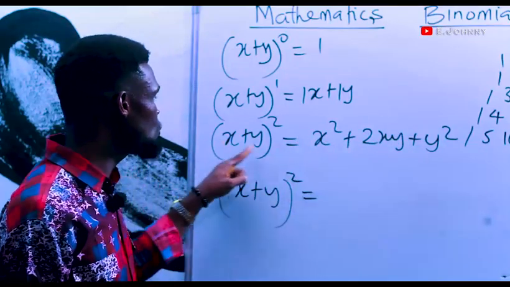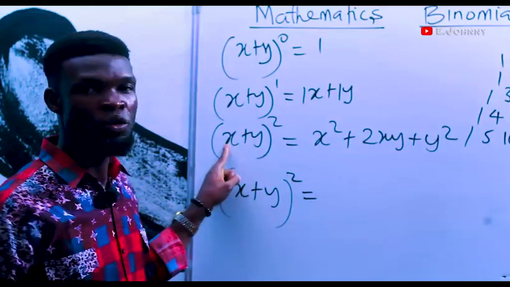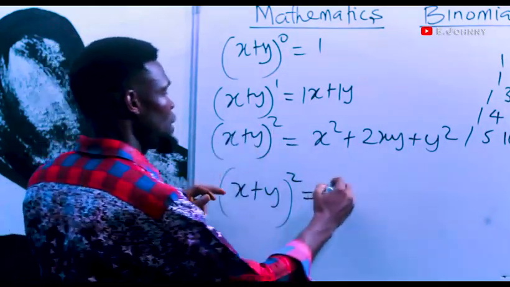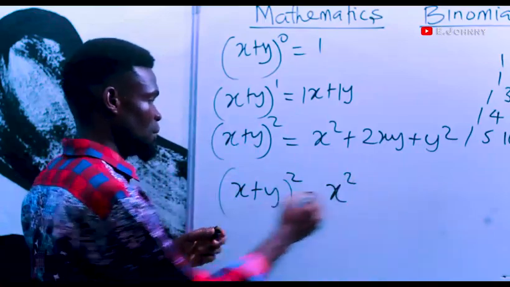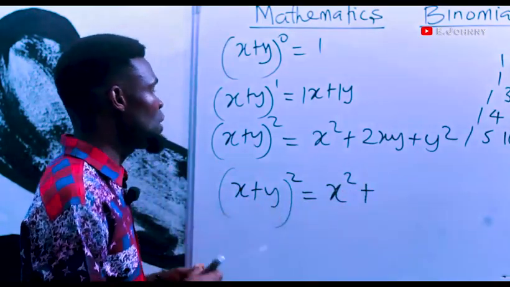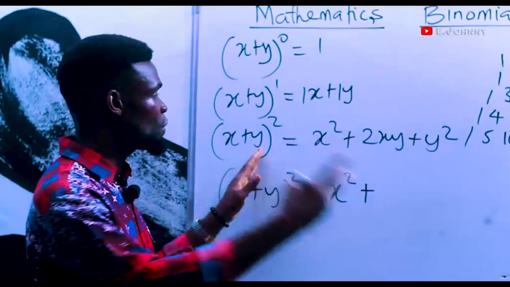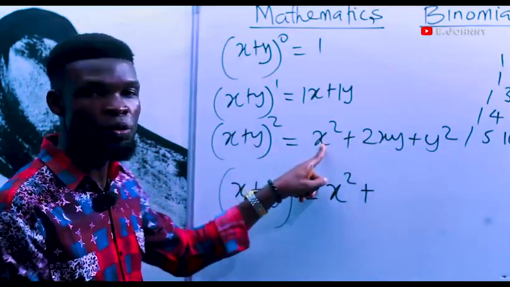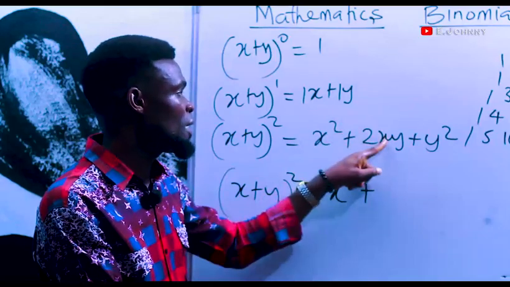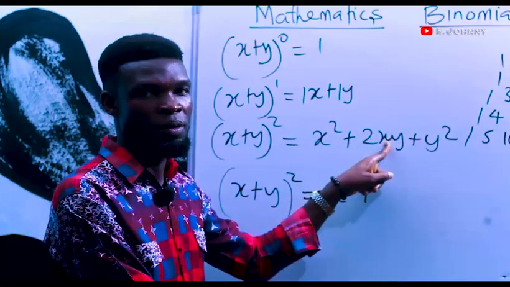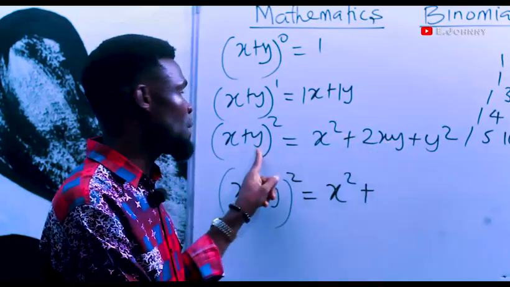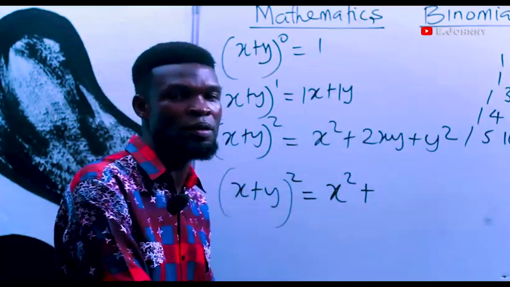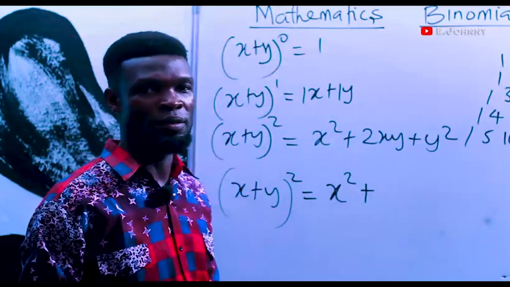We are interested in the two numbers inside the bracket. So the first step is to carry the 2 and drop it on top of x, so you have x raised to power 2 plus. In the subsequent terms, you will notice that once you get the first x, the power of x will reduce, whereas the power of the second letter will increase.